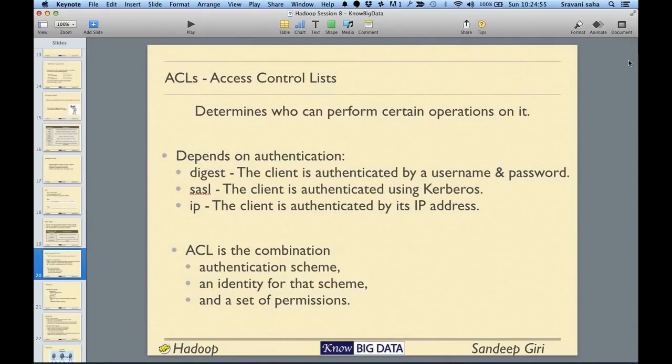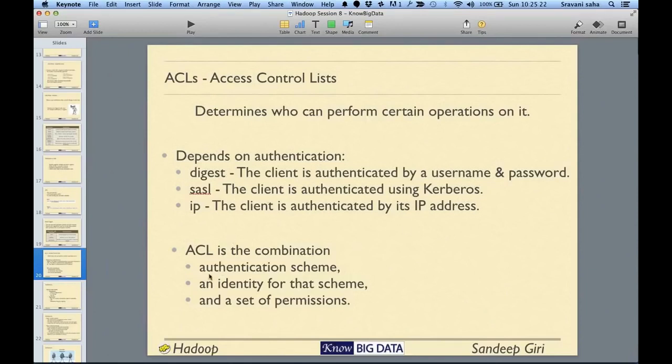Next is IP. We say that this is a very safe network and anybody who is on this IP is okay to use all of these nodes or is authenticated. So basically there are three kinds of authentication which Zookeeper supports. And an ACL is a combination of an authentication scheme, an identity for that authentication scheme, and a set of permissions. All right.